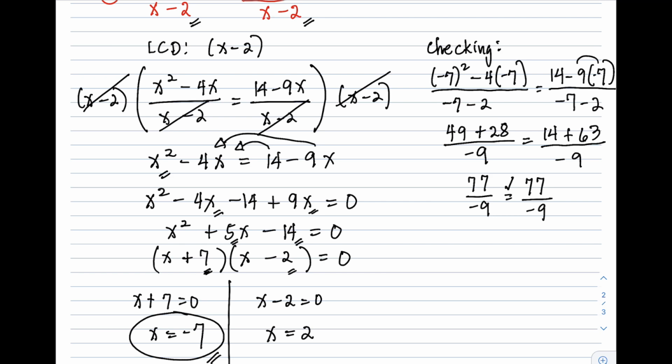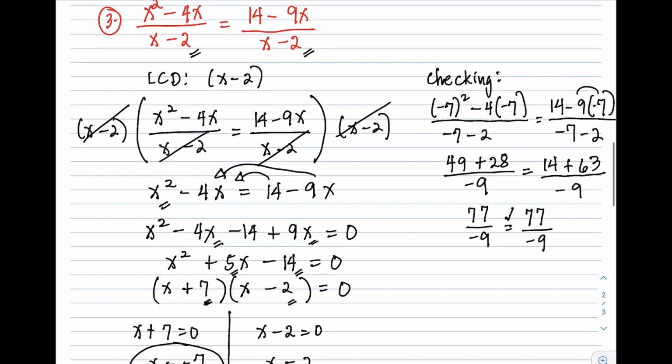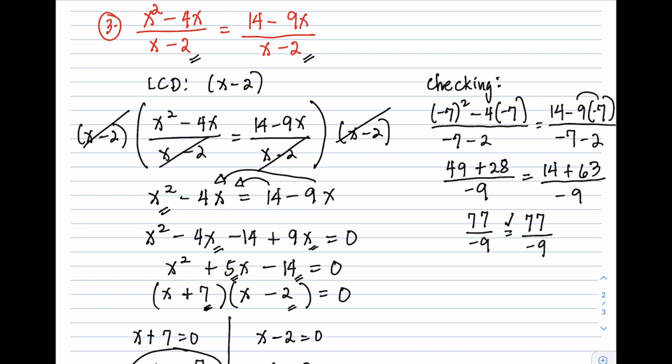Okay? Next, try naman natin si positive 2. So we have 2 squared minus 4 times 2 over 2 minus 2 equals 14 minus 9 times 2 over 2 minus 2.